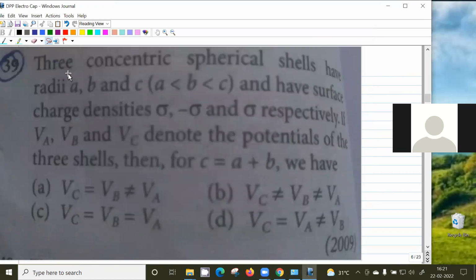Okay, this question, try this one. Three concentric spherical shells. Okay, this is also a trivial question.